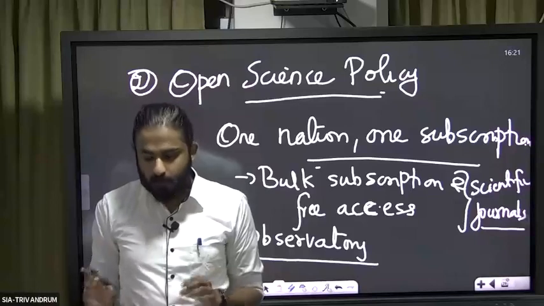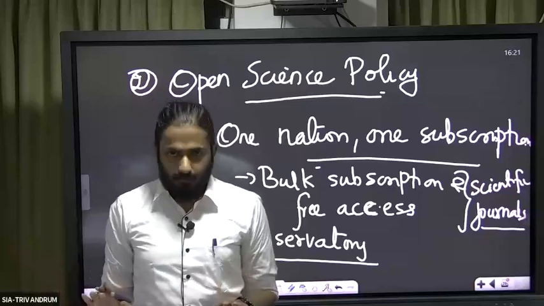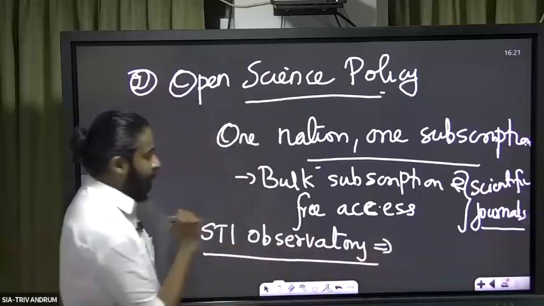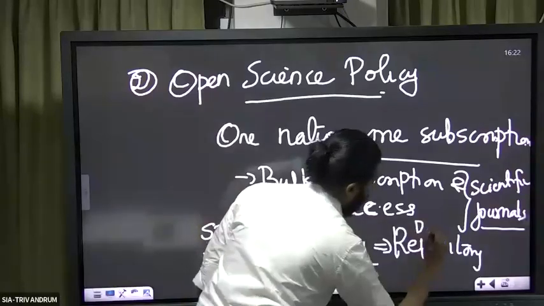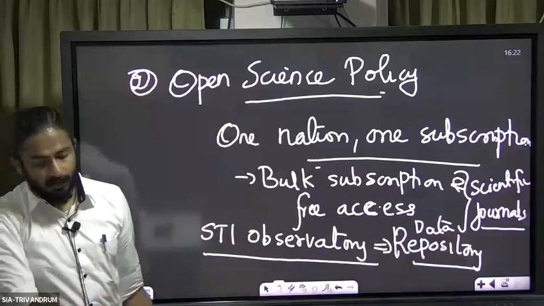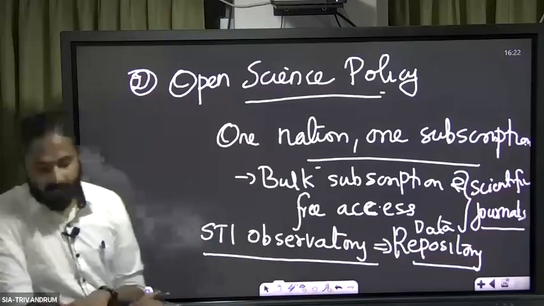What is this STI observatory? It will be a repository of all data generated. Whatever data is generated will be kept in this STI observatory. It will be a data repository. This is another change.